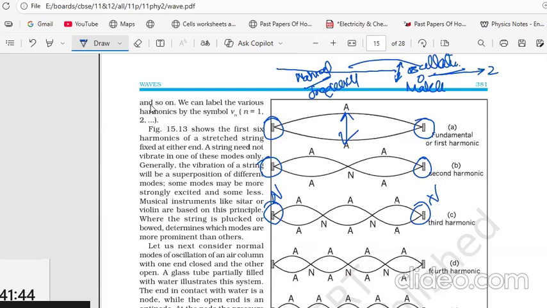Okay, so the point is that obviously at those frequencies, the speed, the lambda and the end condition decide the frequency.